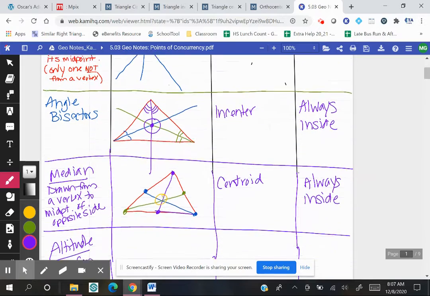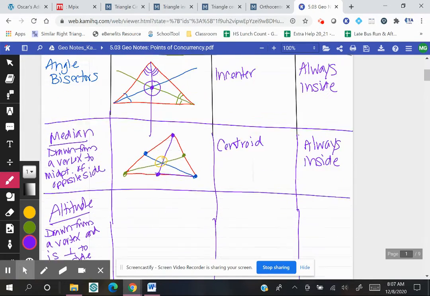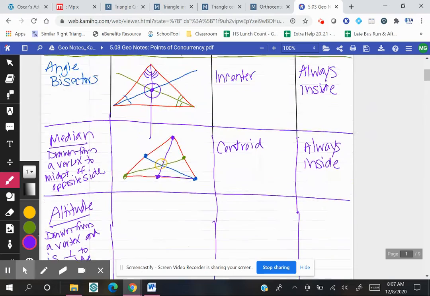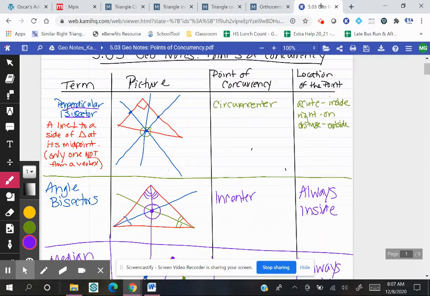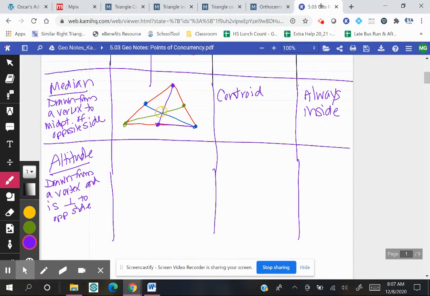There are some similarities in the fact that they're both perpendicular, but this one, altitude, must be drawn from a vertex, whereas a perpendicular bisector can pass through a vertex, but it doesn't have to. And a lot of times it's not going to, because it has to also pass through the midpoint and be perpendicular.